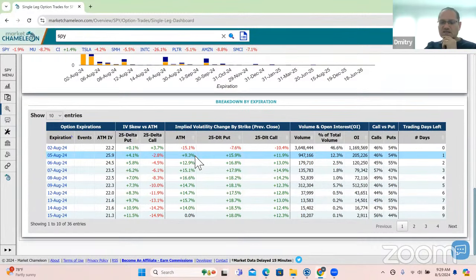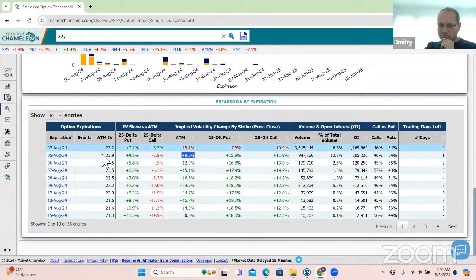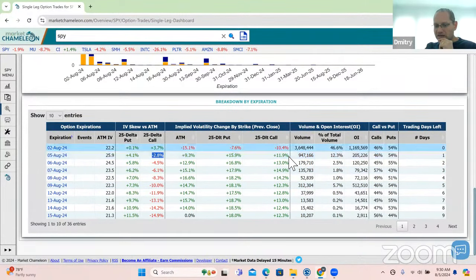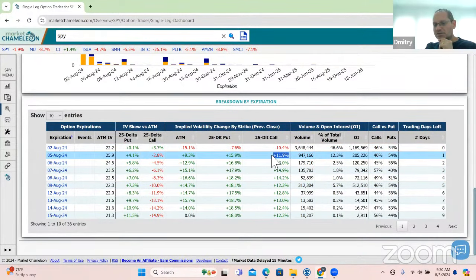So what this is saying is that the same strike we're referencing here was up 9.3%. The 25 delta put we're referencing here, the implied volatility was up 15.9%. And the 25 delta call we're referencing over here, that implied volatility went up 11.9%.